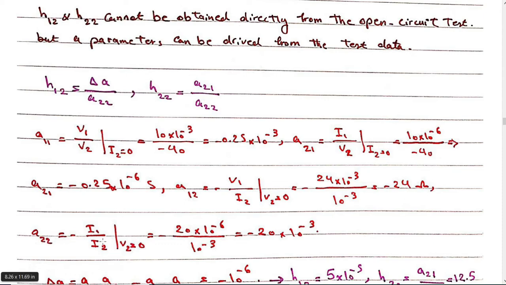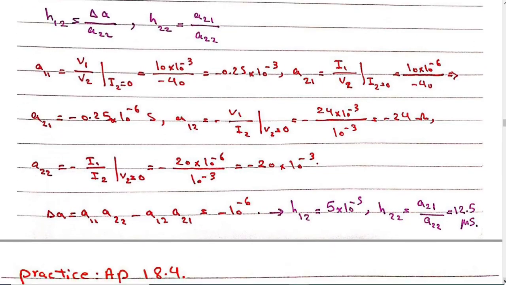And A22 is negative I1 divided by I2 when V2 is 0. So you have the values for all A parameters. From here you can calculate H12 and H22. These are the values for H12 and H22. Questions? That is why sometimes we use conversion between the different parameters.